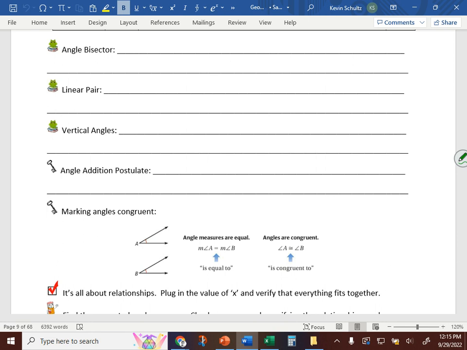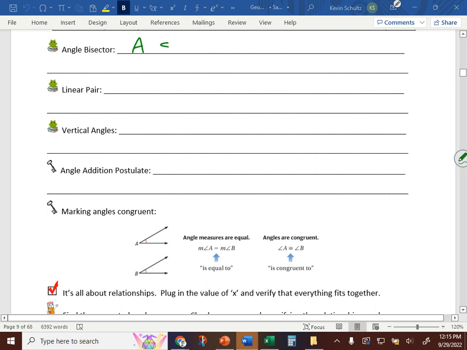congruent. Okay, so an angle bisector is a segment, ray, or line. Recall my SRL means segment, ray, line.